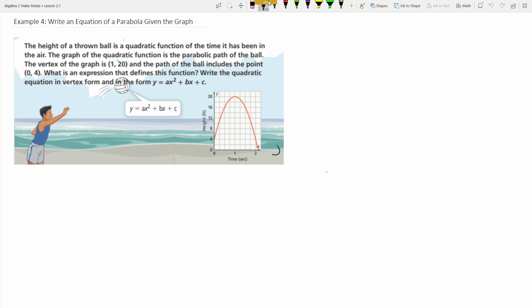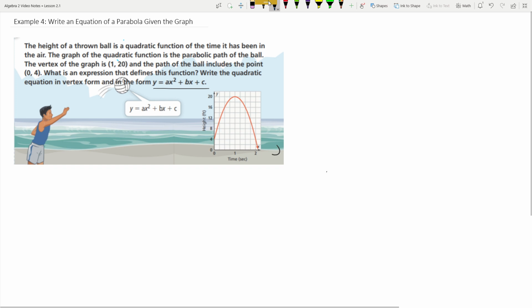All right, so we have a similar problem to example 3, except now they want us to also put it in this form. That form is actually going to take a while to do, but let's focus on the first part. We want an expression that defines this function in vertex form.